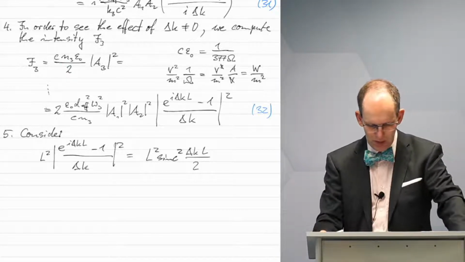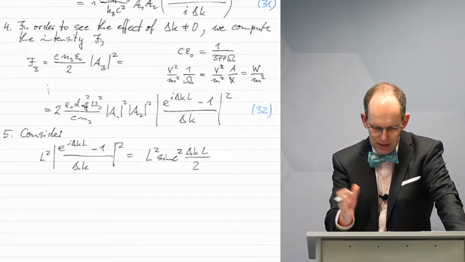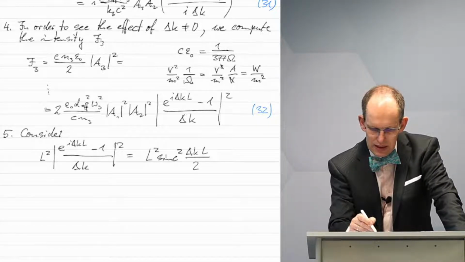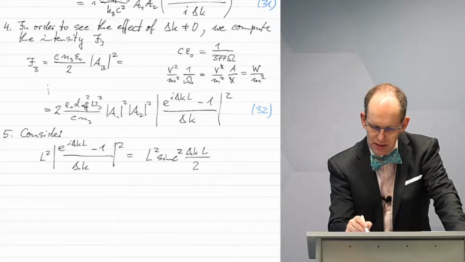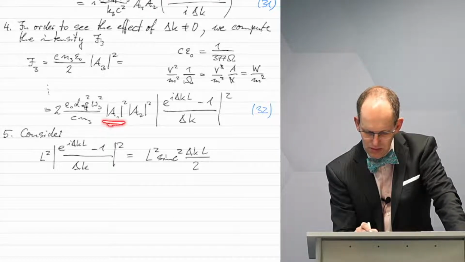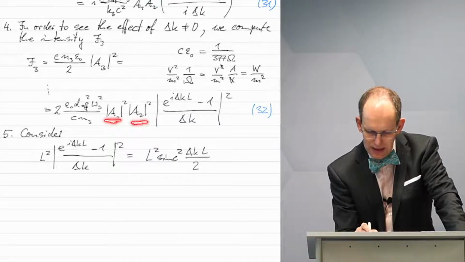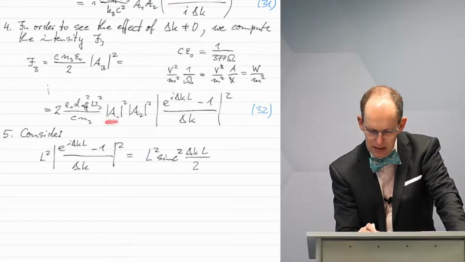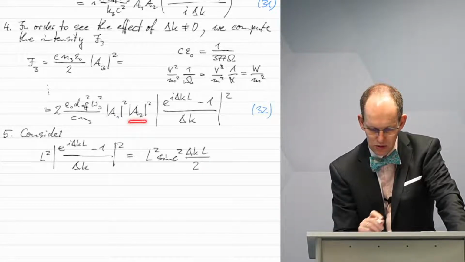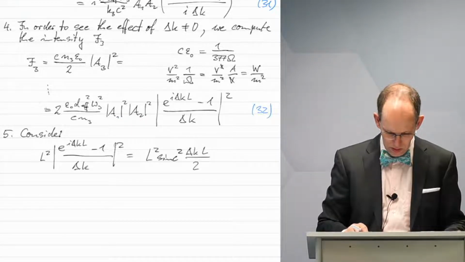Now, in order to do a complete job, we can also replace this by the intensities. This is proportional to the intensity I1, and this here proportional to the intensity I2.